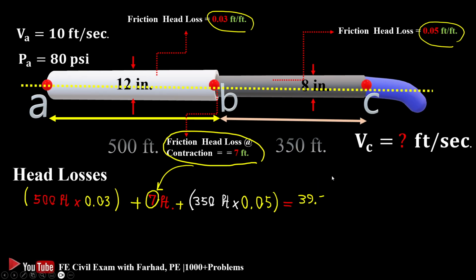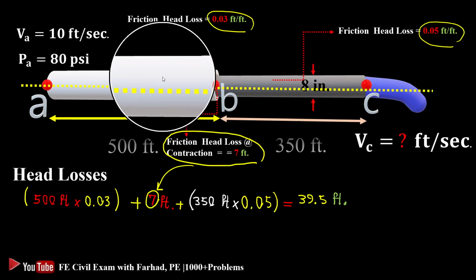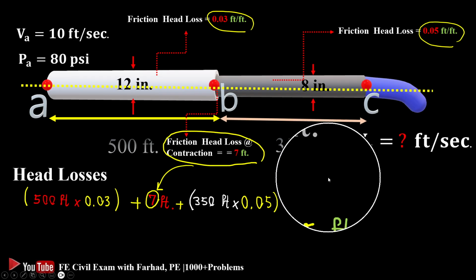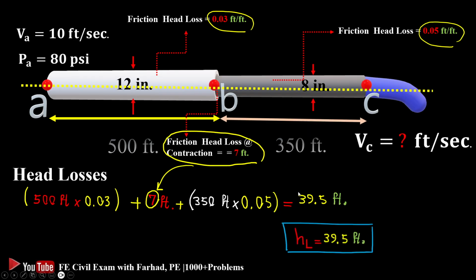If you add them up, it gives you the total head losses due to the contraction, the change of diameter, and the water traveling from A to B, then B to C. The overall of that is 39.5 feet of head losses.